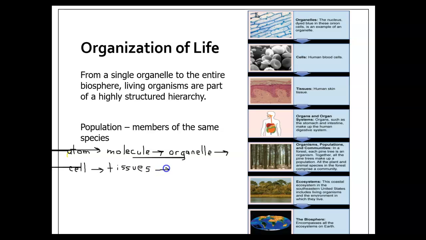Groups of tissues that work together to perform a common function are called organs. And then groups of organs that work together to perform a common function are called organ systems.